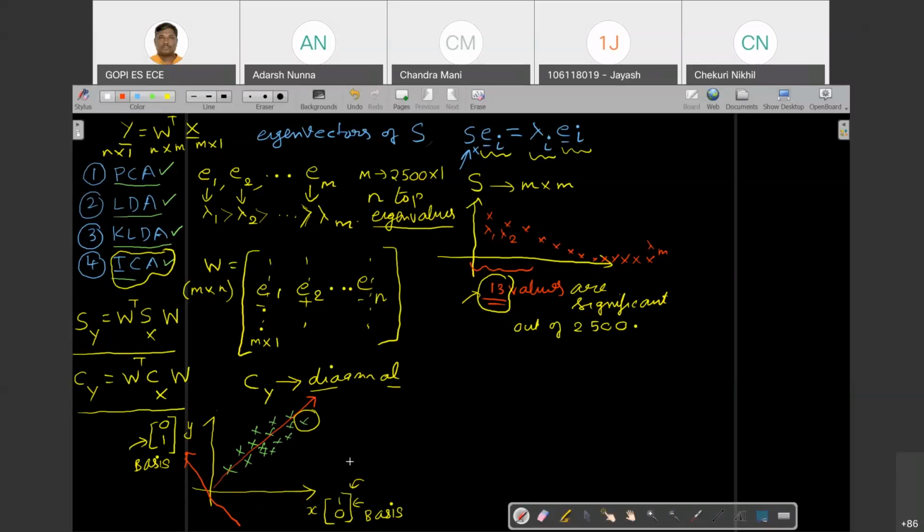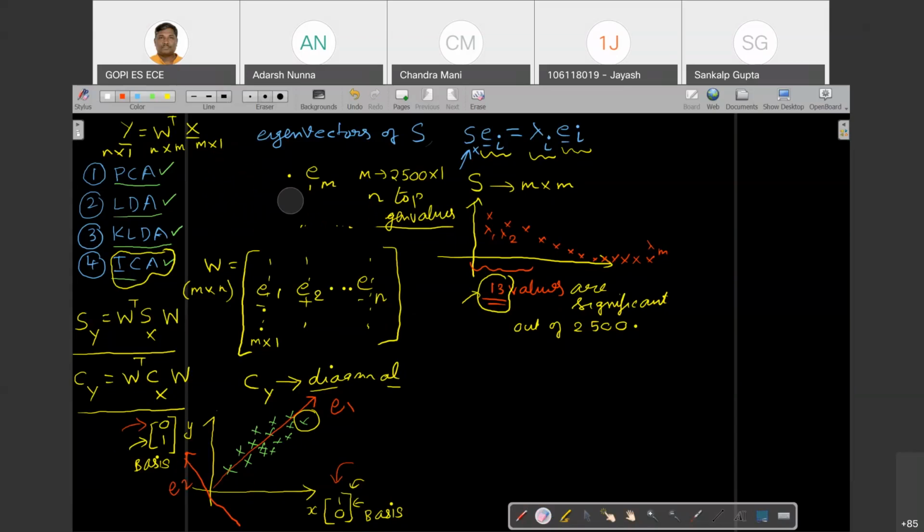Originally, the bases are (1, 0) and (0, 1) by default. Now you are going to represent the data with reference to the eigenbasis, so the eigenvector E1 and eigenvector E2. So this is what I am doing.